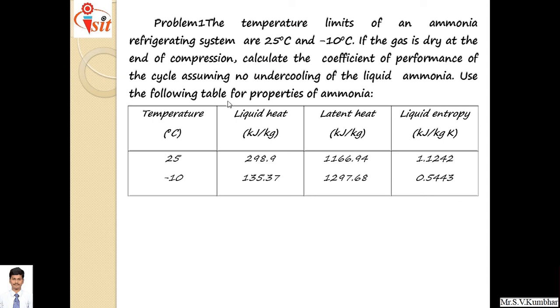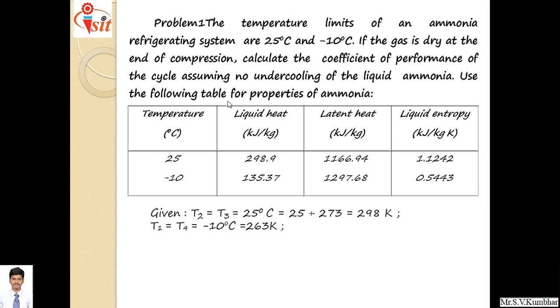Temperature 25 and minus 10; liquid heat in kilojoule per kg, 298.9 and at minus 10 it's 135.37. Latent heat 1166.94, and at minus 10, 1297.68. Liquid entropy 1.1242 at 25 degrees centigrade, 0.5443 at minus 10 degrees centigrade.